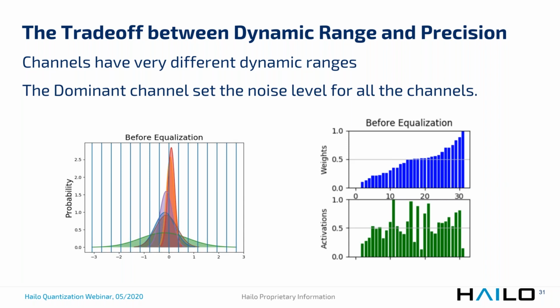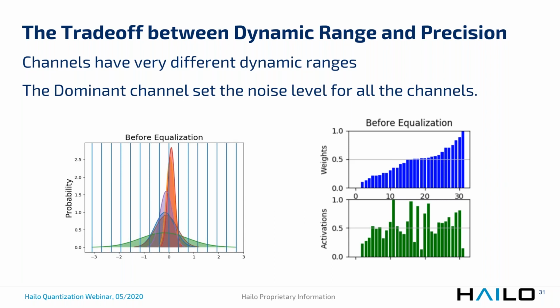Looking at the figure on the right, which shows the ranges of different channels for a representative layer, we can see that the dominant channel can have a dynamic range 16 times bigger than that of the least dominant channel.